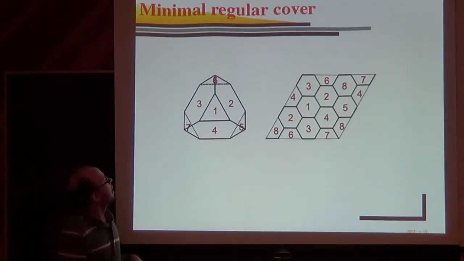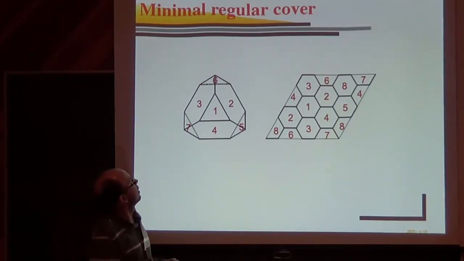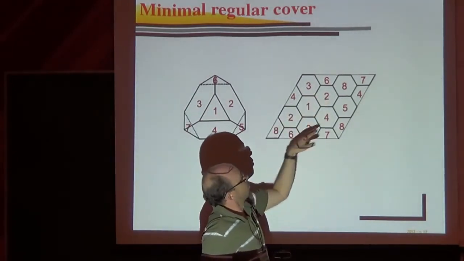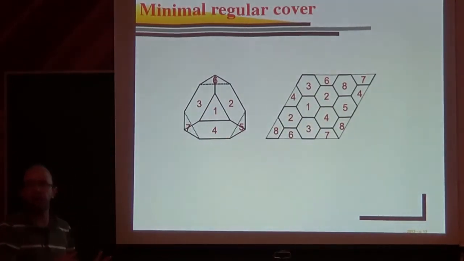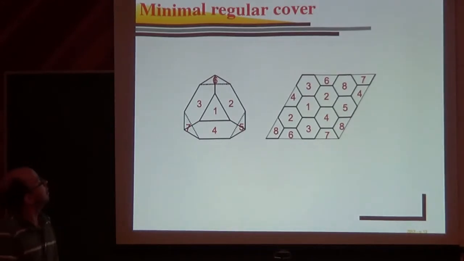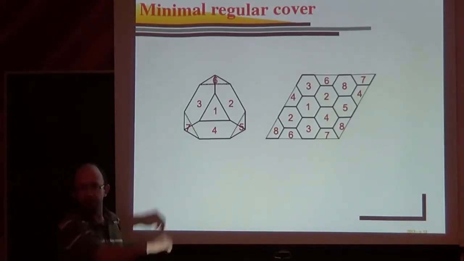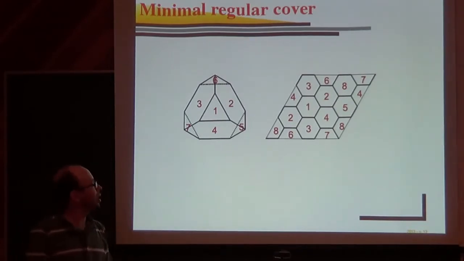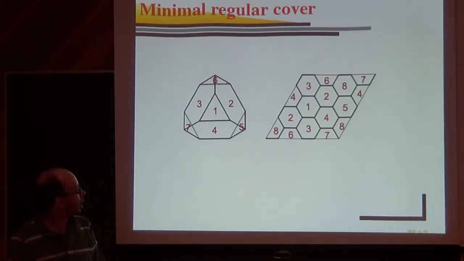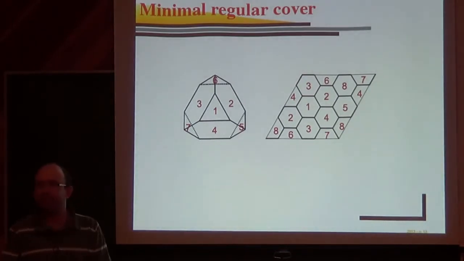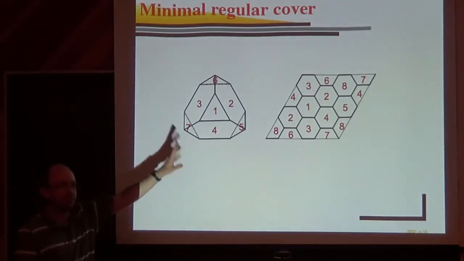Vertices, the same thing. And we can see there, with a little bit of patience, that if I start in face number 1, around I have 2, 3, 4, 2, 3, 4, 2, 3, 4, so everything moves locally well. And it doesn't matter where I start, so with patience you can see that it's a cover, and to see that it's the minimal is also not very hard, but a computer can do it very fast, and I will not argue. But this is an example of a minimal regular cover.